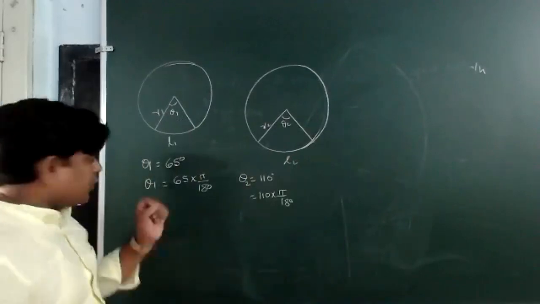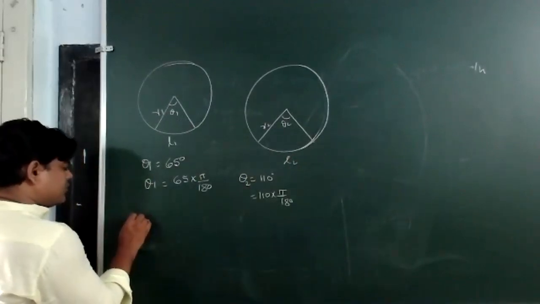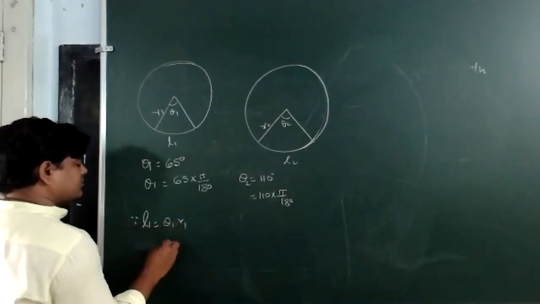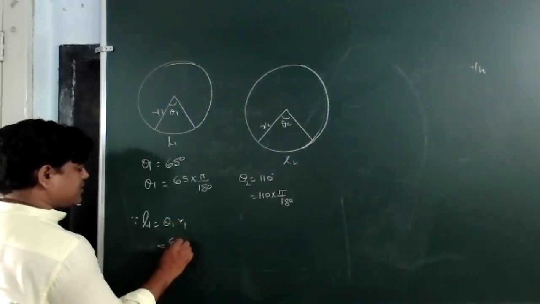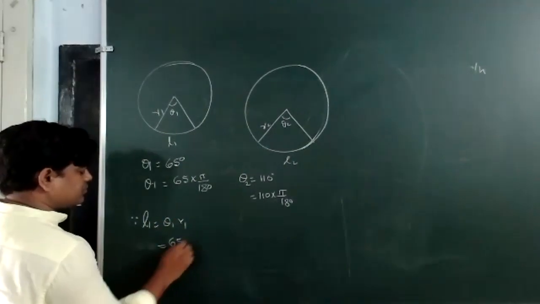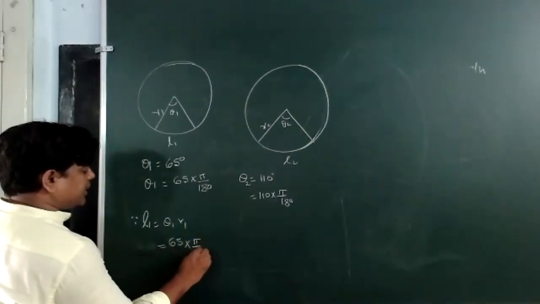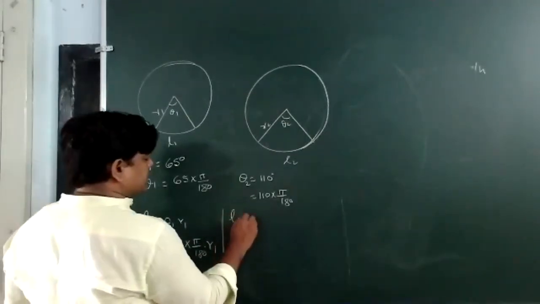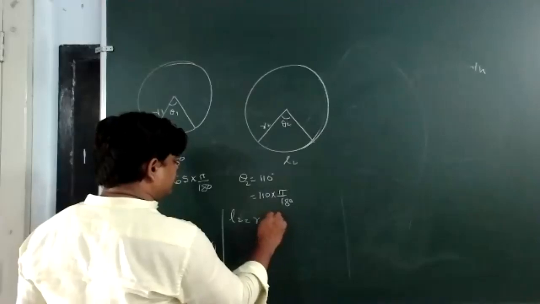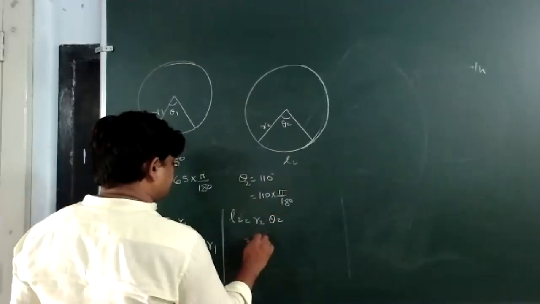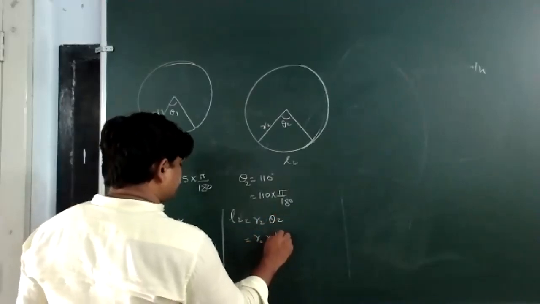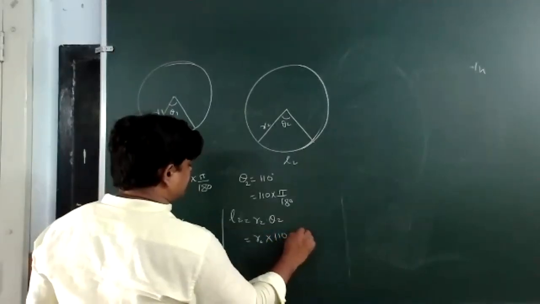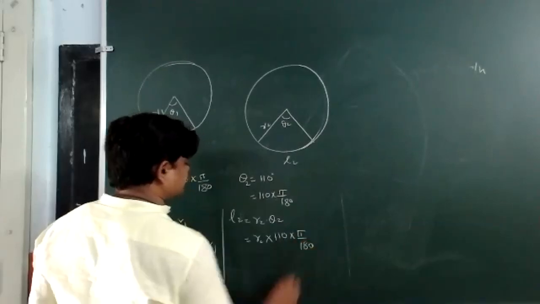Okay. Now tell me, we are having one formula, L1 is equal to theta 1 into R1. So here I get 65 into pi by 180 into R1. This is L1. L2 is R2 into theta 2, so it can be written as R2 into 110 into pi by 180.